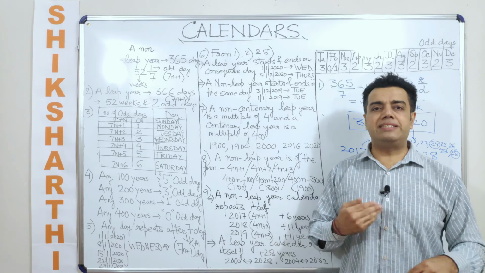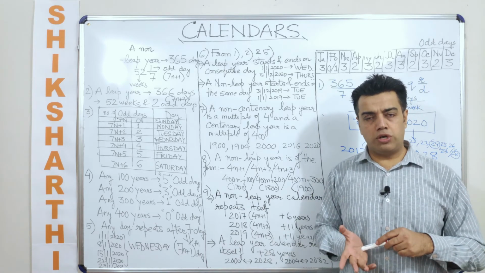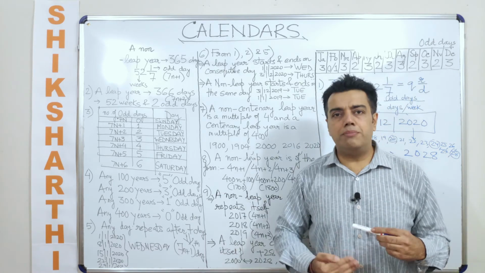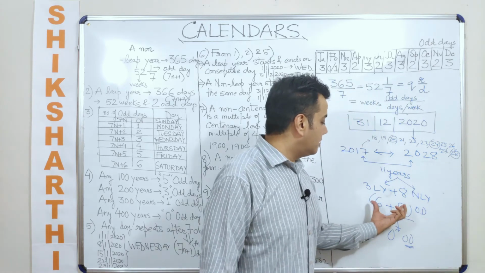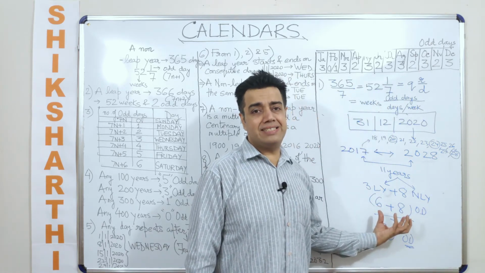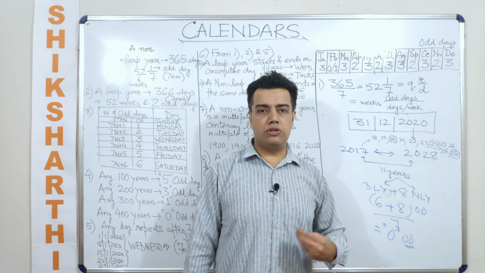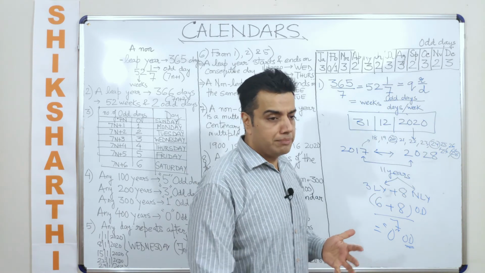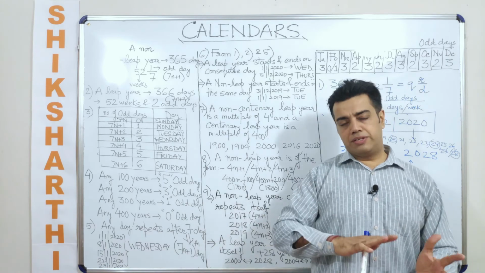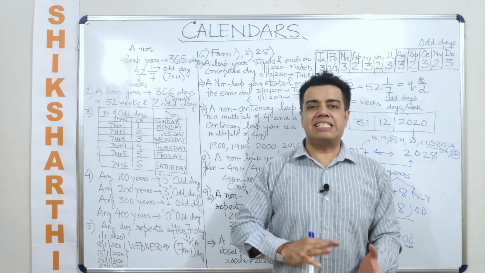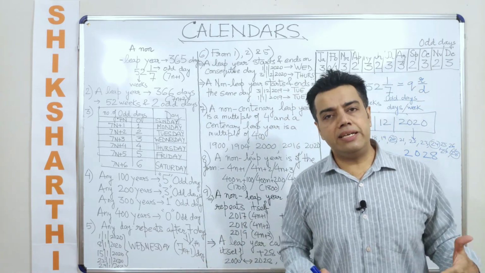That means a day repeats itself after every 7 days means what? 7 or a multiple of 7. So if I'm getting here the number of odd days as a multiple of 7, which is either 0 or 7 or 14 or 28 and thereon, that means the day repeats itself, which is just like saying that the calendar year remains the same.